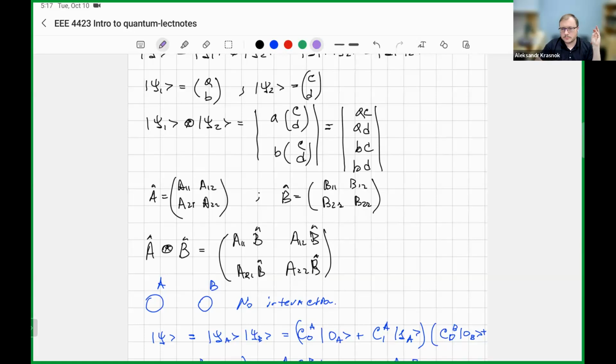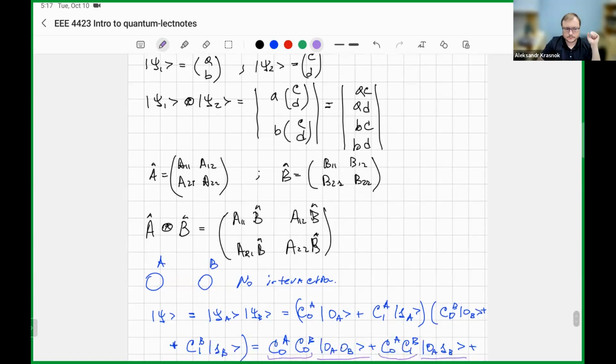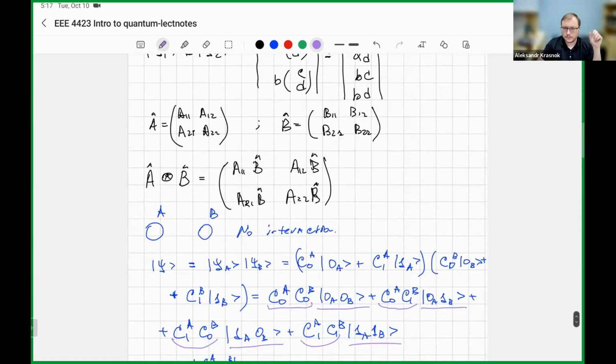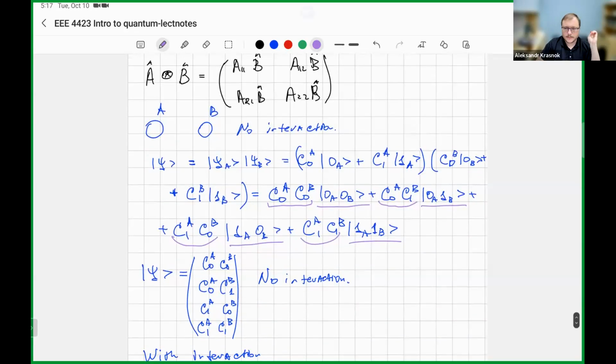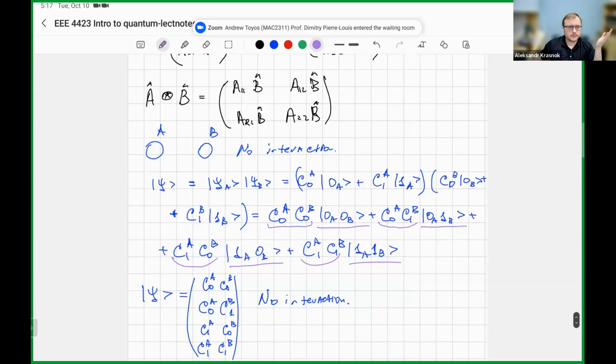The tensor product allows us to generalize this two-dimensional Hilbert space to a four-dimensional Hilbert space where we can describe the system of two qubits and so on. The system of three qubits requires the Hilbert space of dimension 8, etc.